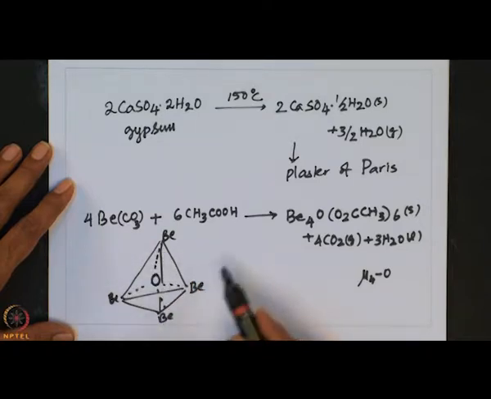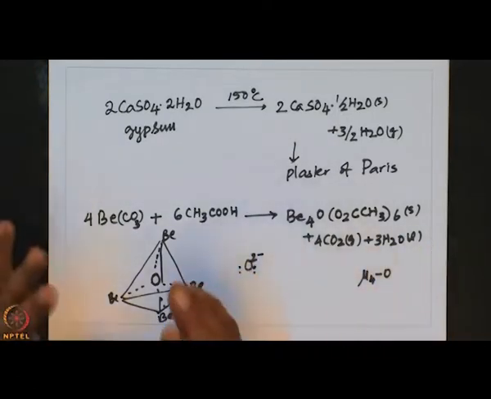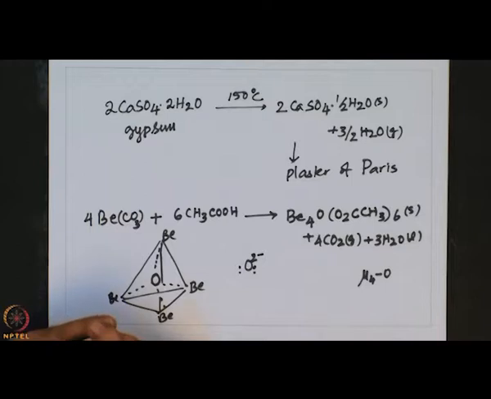Of course, you should remember here O will be in the form of O2 minus with lone pairs, and this makes covalent bonds with 2 berylliums and the other 2 will be coordinate bonds, but it is optimized, all appear equivalent.